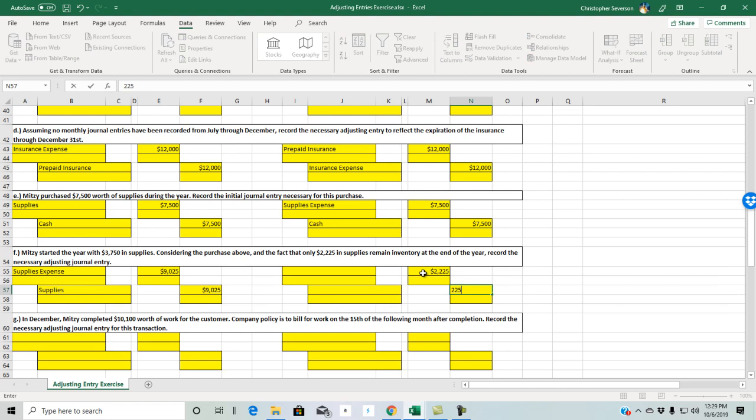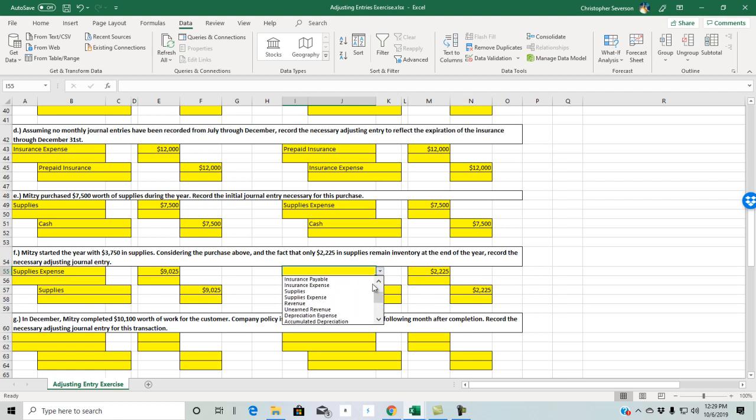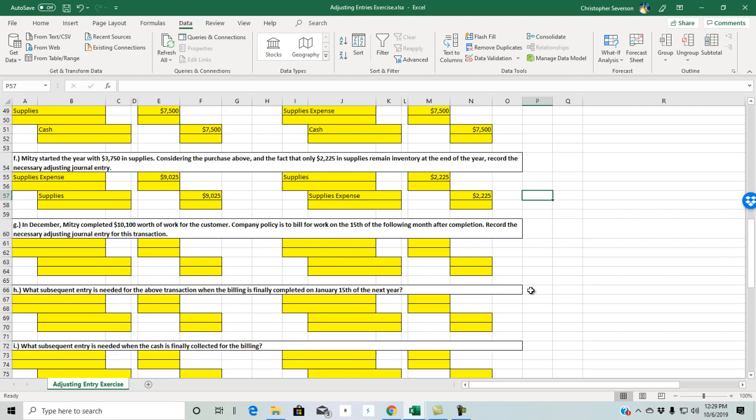Everything else that was recorded in an expense stays there because it was valid expense. So here we are debiting supplies to add it into supplies, and we're crediting supplies expense to move it out of there. This amount was not used up, so we have to adjust it out of supplies expense.